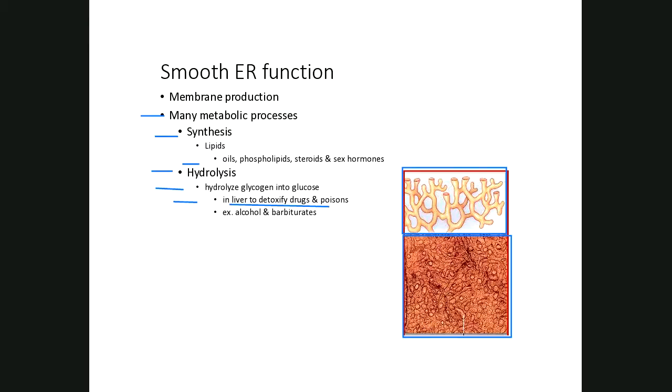And whenever you consume alcohol or some type of painkiller, whether that be a barbiturate or what have you, your body has to break that alcohol down or break that painkiller or barbiturate down. And so that actually takes place in the liver and takes place through the smooth endoplasmic reticulum.